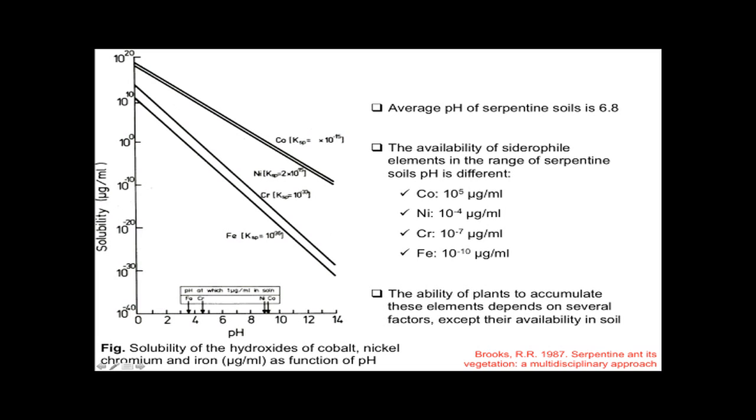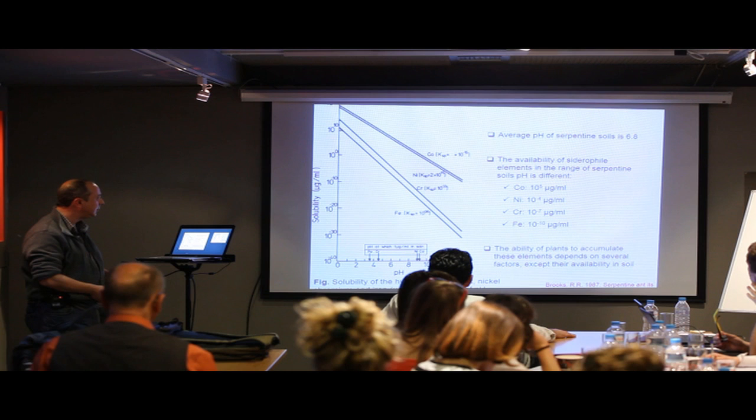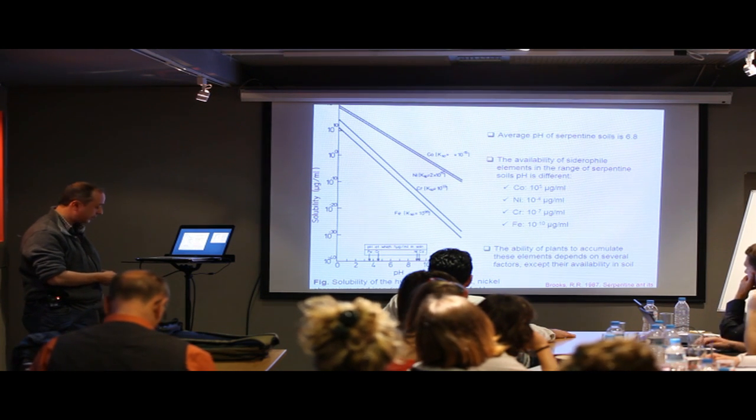However, the ability of plants to accumulate and to be affected by these elements does not depend only on their concentration and availability in the soil, but also on other factors.